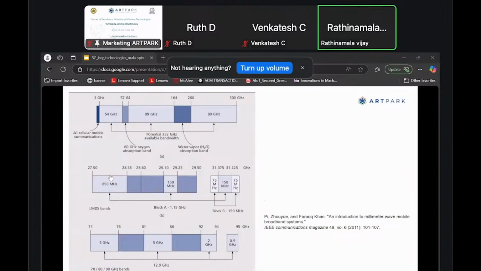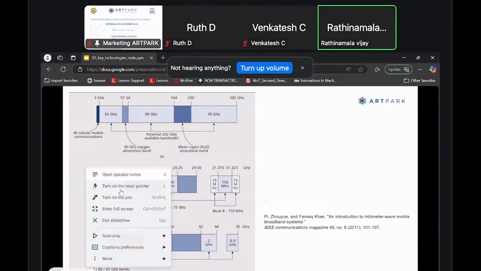As the name suggests, the wavelength of these signals is of the order of millimeters. We also see that there is a large contiguous bandwidth available between 60 to 164 gigahertz, and also between 200 to 300 gigahertz, like 100 gigahertz of bandwidth.